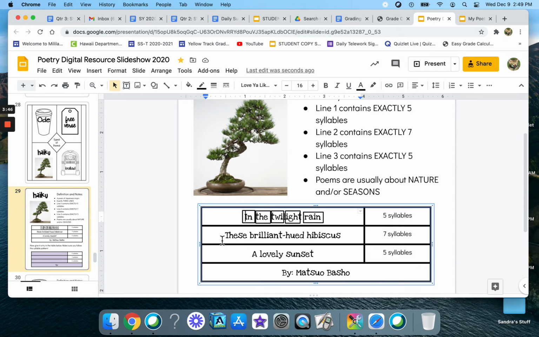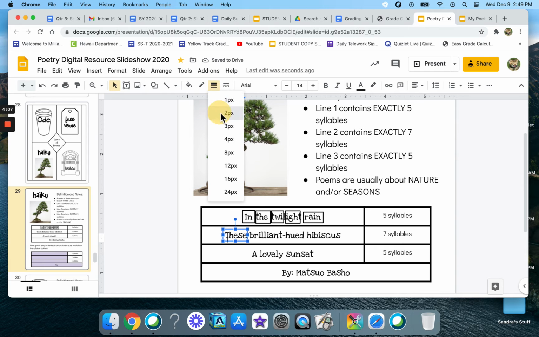The second line has 7 syllables. These brilliant hued hibiscus. Okay? So we're going to do this again so you could see the syllables. These is 1 syllable. Brilliant.